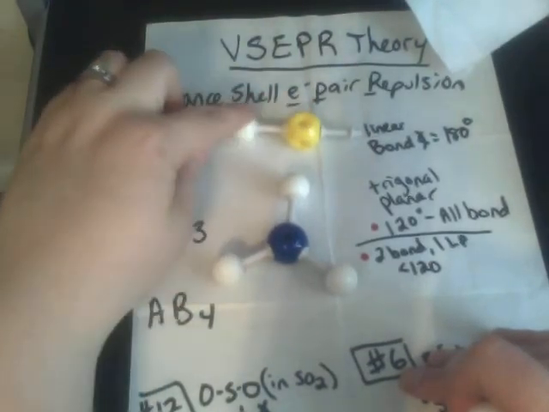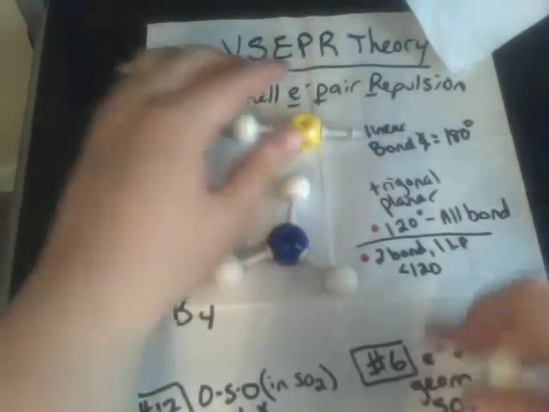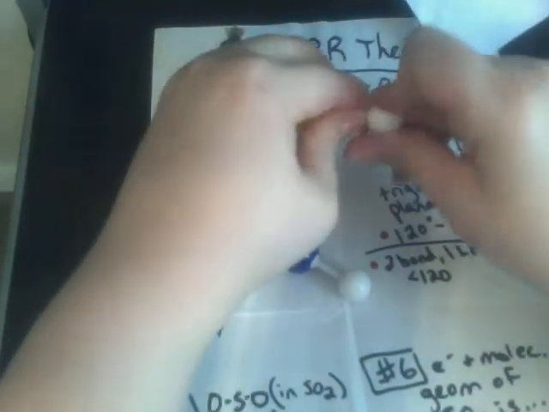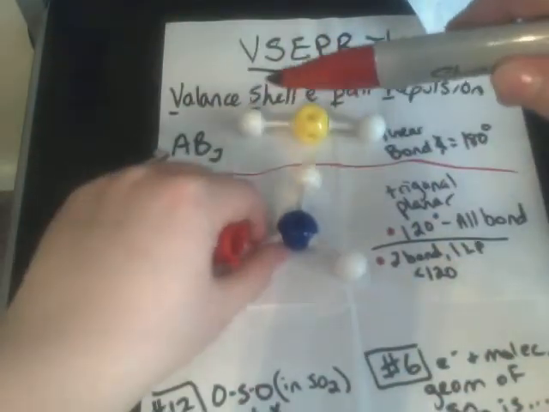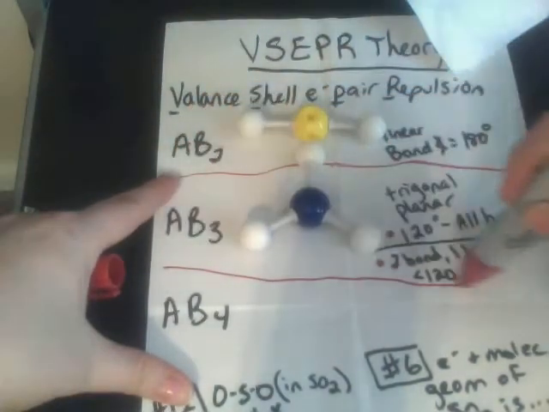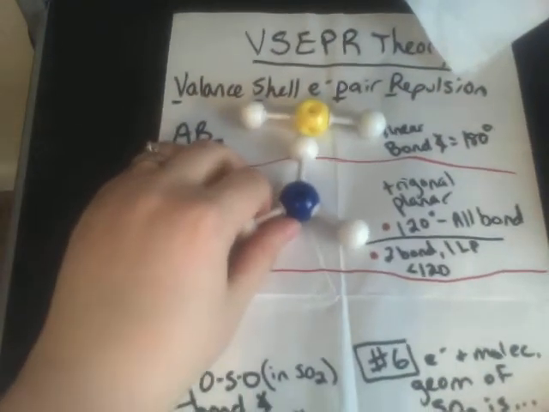Two things can't have an angle, right? To have an angle, you have to have a central atom. And since there's no central atom here, that doesn't apply. So let's make this look nice. And then we're going to move on to what I hope we have enough room for, which is AB4.